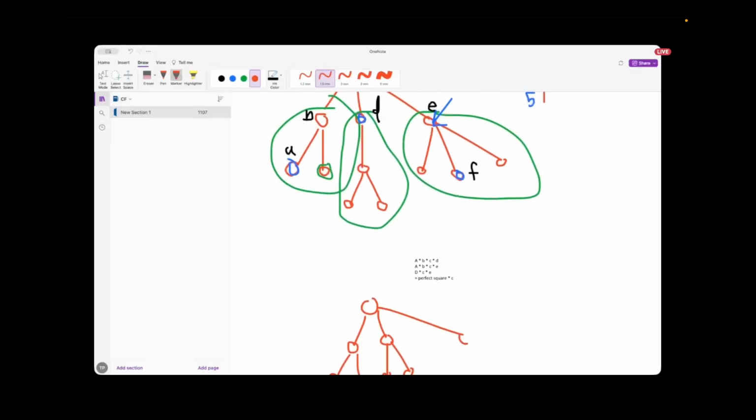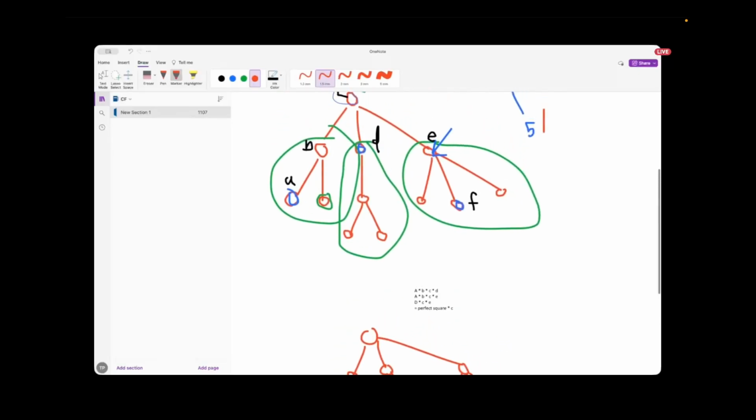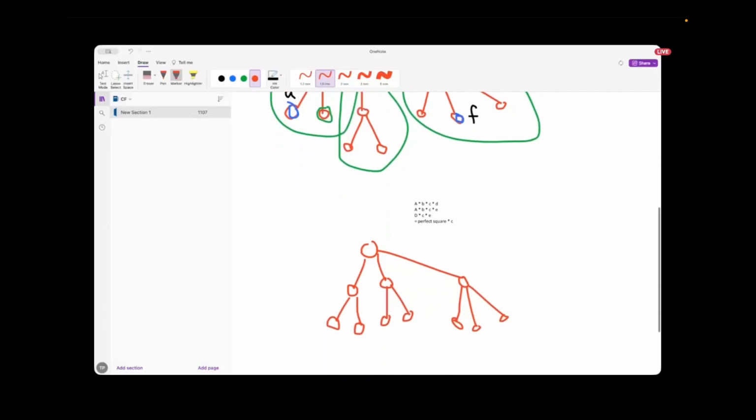There's the second case that I mentioned earlier. Earlier I was talking about how all three nodes have to be spread across different subtrees of the current LCA that you're considering. What happens if two of those nodes are in the same subtree and one of them is in a different one?